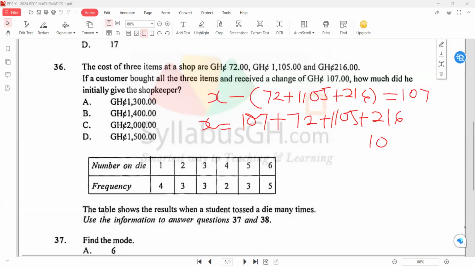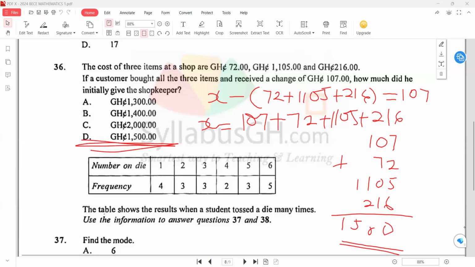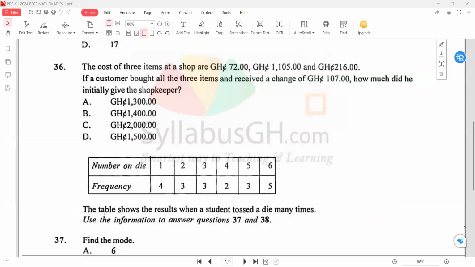Adding these gives 1,500. So the customer gave 1,500 cedis to the shopkeeper. So we move to the next aspect.